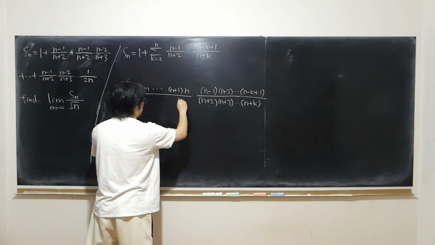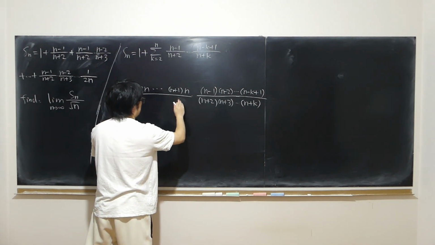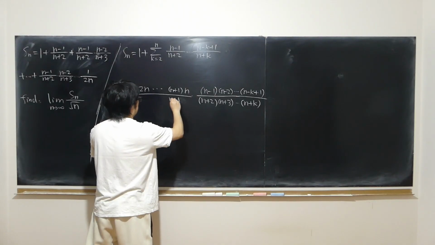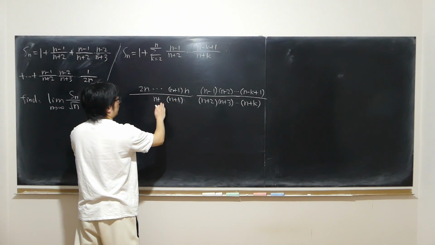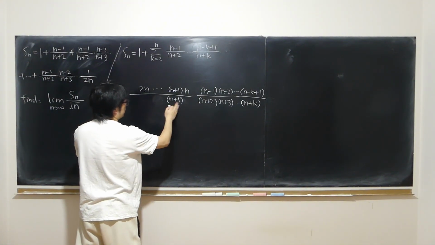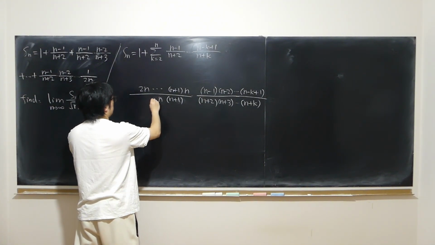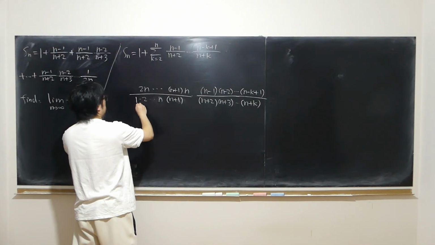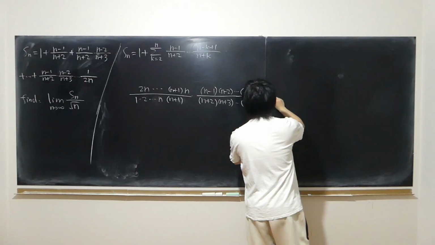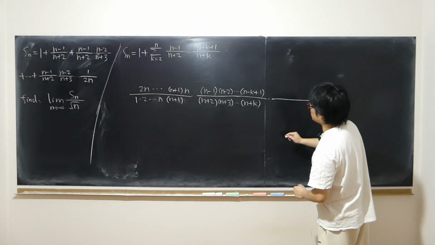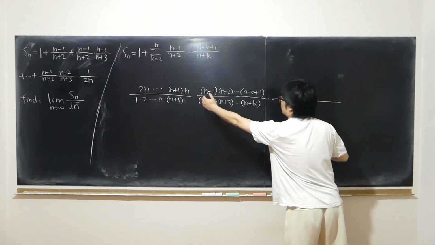Can I say n plus 1, keep reducing, n, 1, 2? So here I say keep reducing.